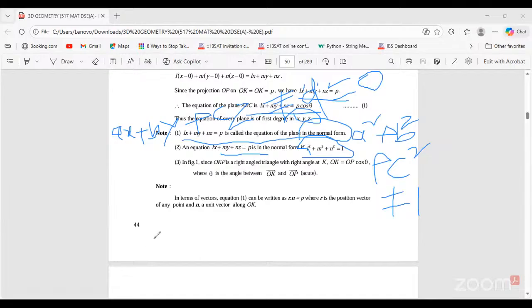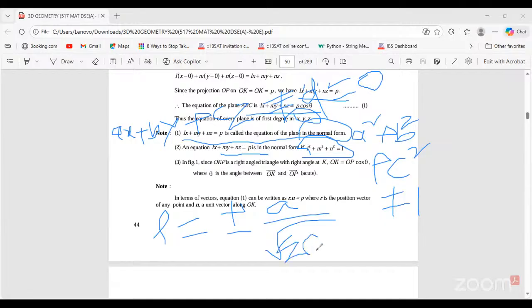Actually, what is L? L is nothing but plus or minus a by under root of summation a square.